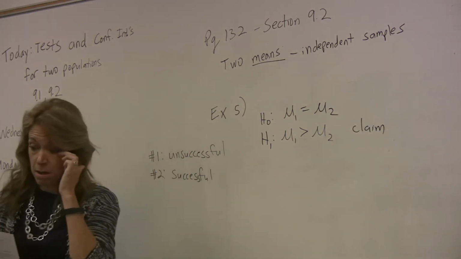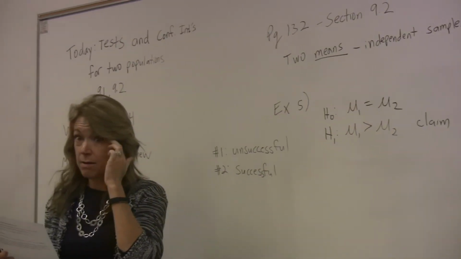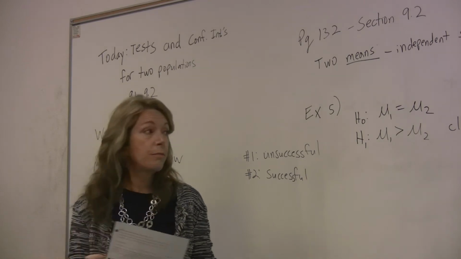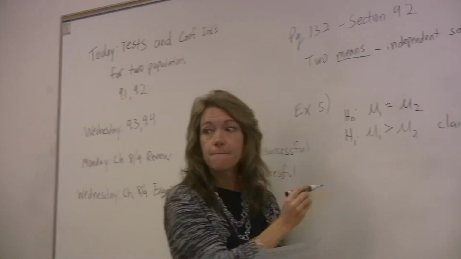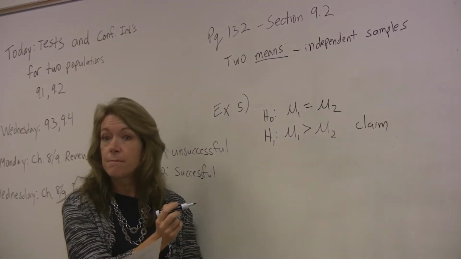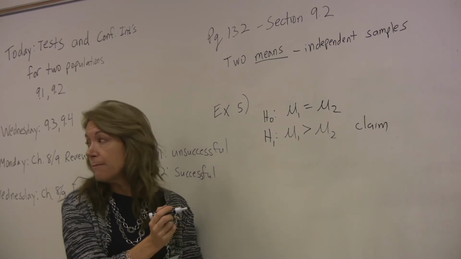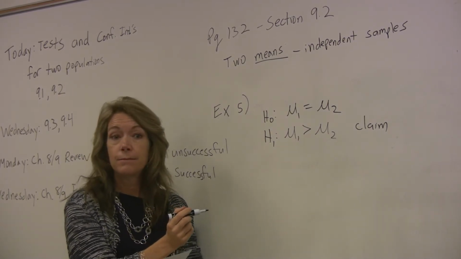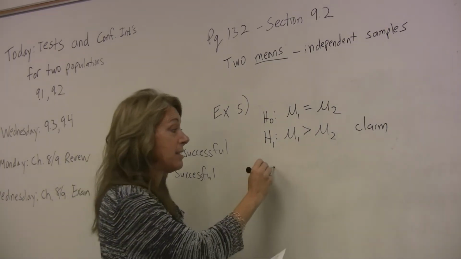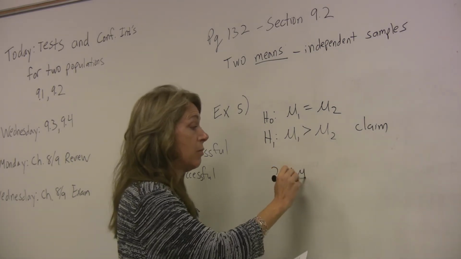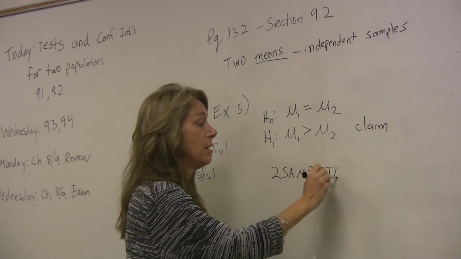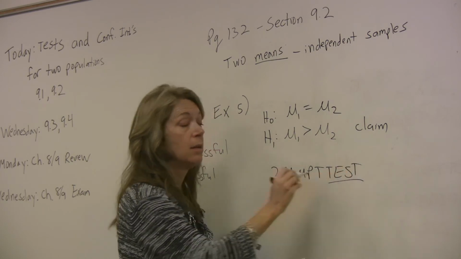And they gave me all the information all lined up nicely there. So where are we going to put it? 2-SampTTest. We have 2 samples. It's a test about means.